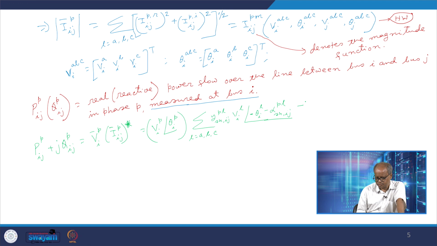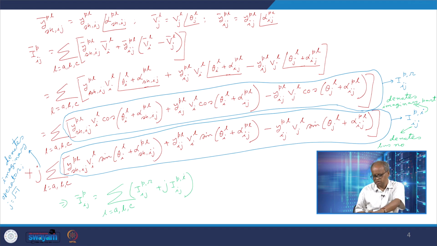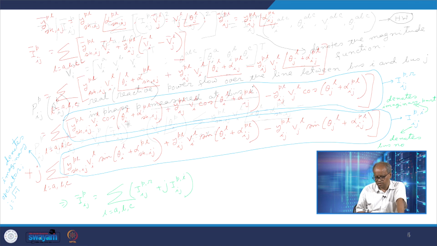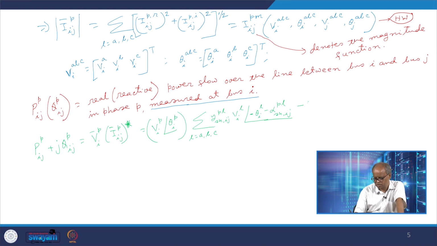Then minus Y_ijpl V_il, because it is star, so the magnitude would be minus theta_l minus alpha_ijpl.